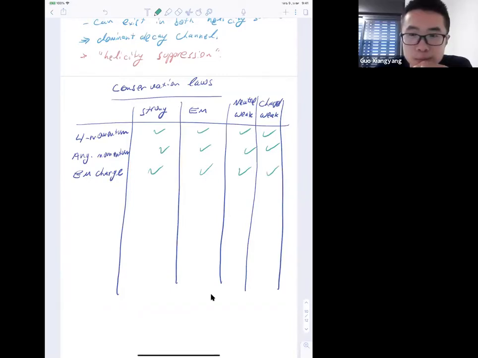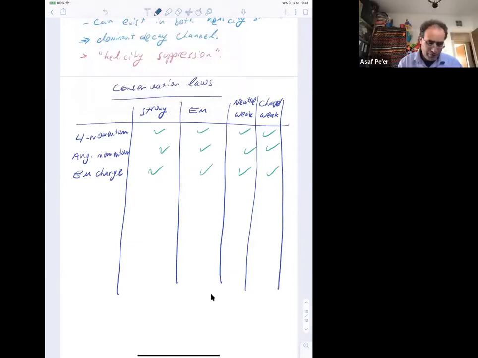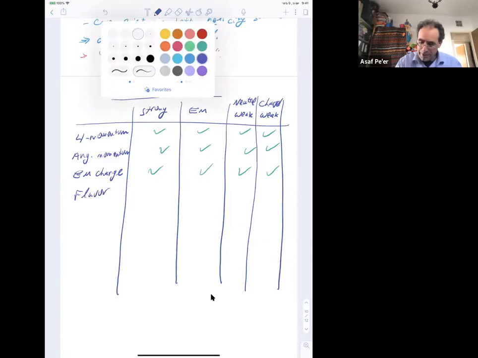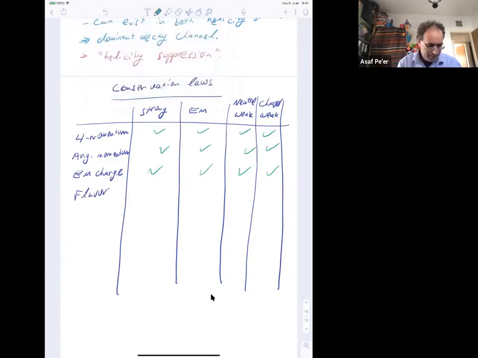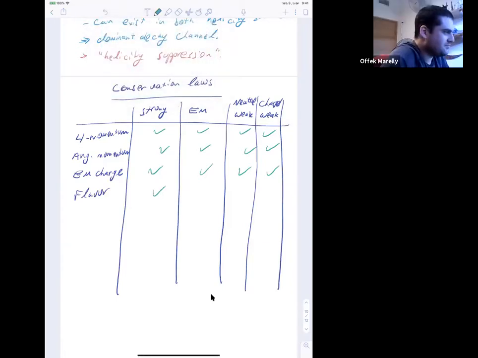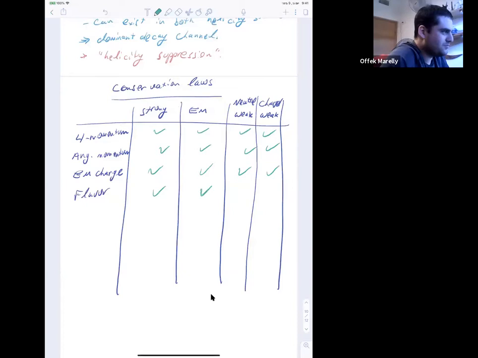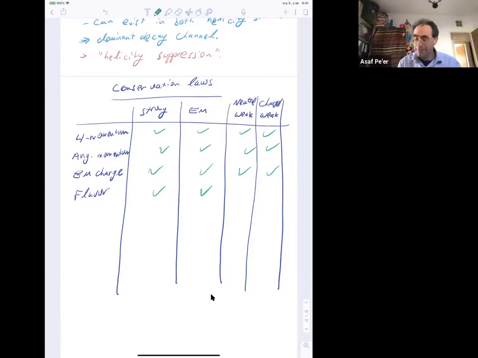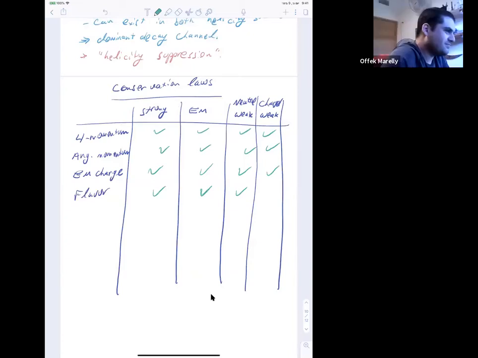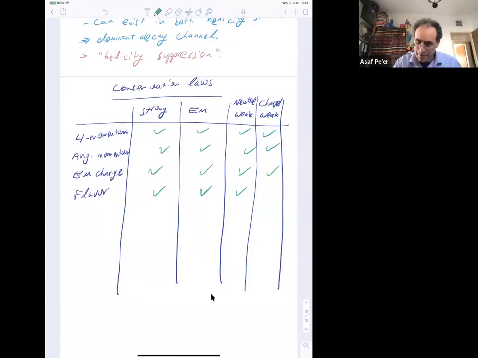Yes. What about the flavor? Is it conserved by the strong interaction? Yes. Electromagnetic? Yes. Neutral weak? Yes, neutral, Z. What about the charged weak, sorry? No. Very good. No, it's not conserved.